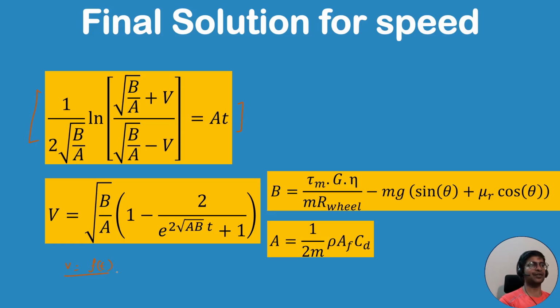What is b? b is nothing but this. And what is a? a is nothing but this. So voila, kudos to all of you. We have solved this differential equation, and we can put this into the Excel sheet, which we will see later. But before that, we will also solve for the distance.